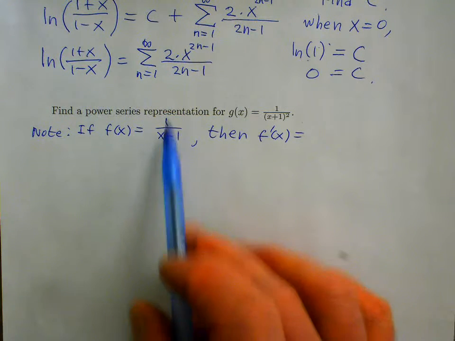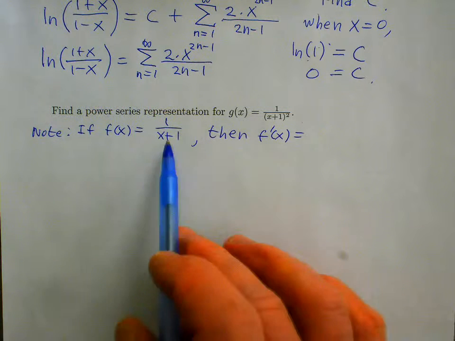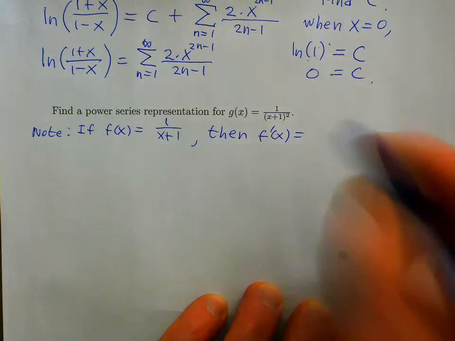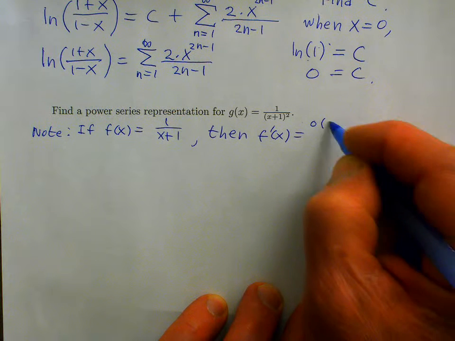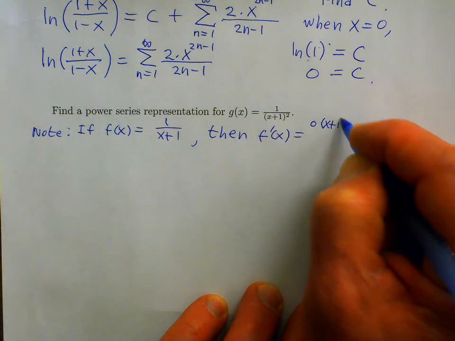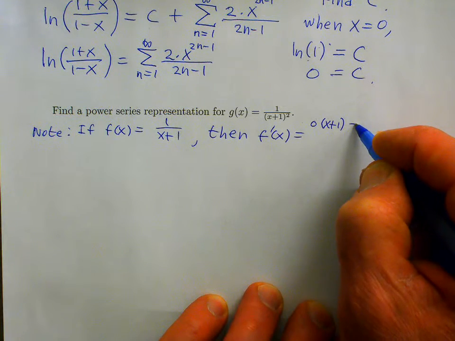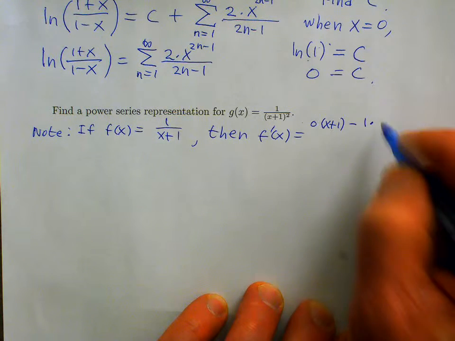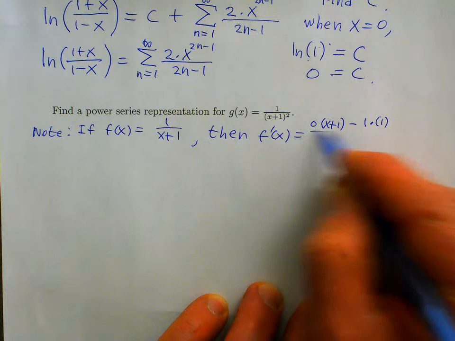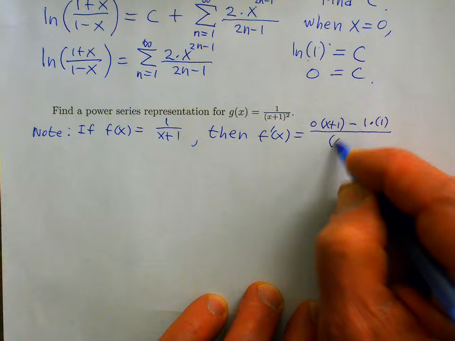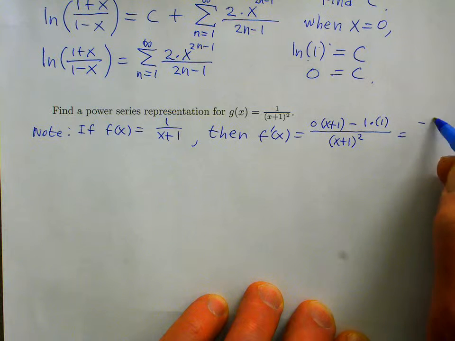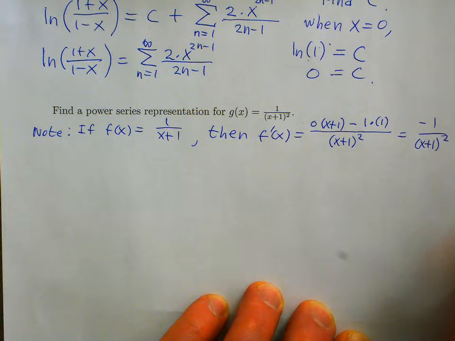So we can use the quotient rule for the derivative. The derivative of 1 is 0 multiplied by the denominator x plus 1. And then we subtract the numerator multiplied by the derivative of the denominator, which is 1, divided by the square of the denominator. So this simplifies to negative 1 over x plus 1 squared.